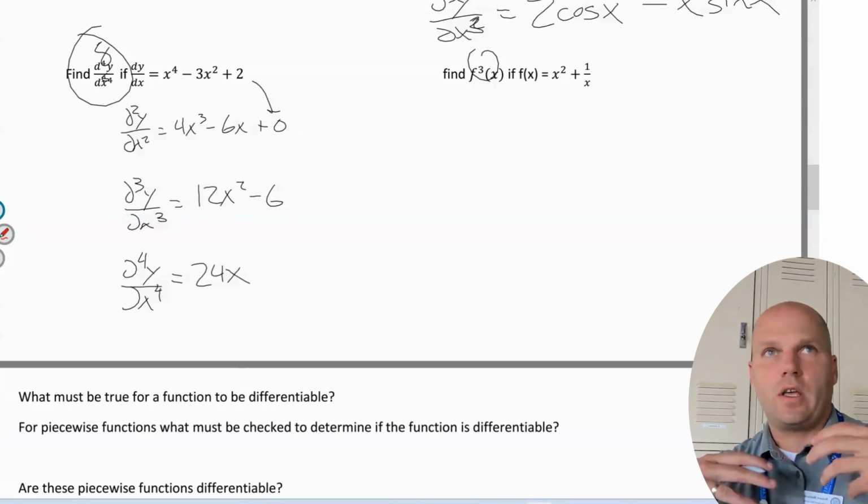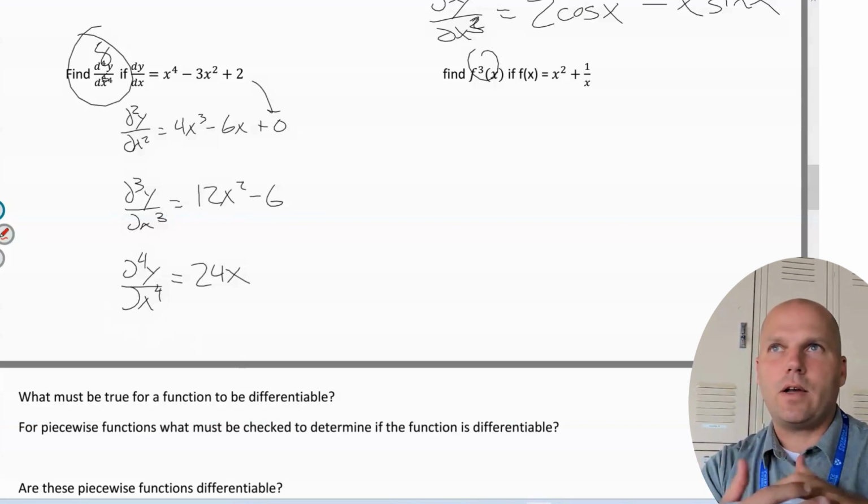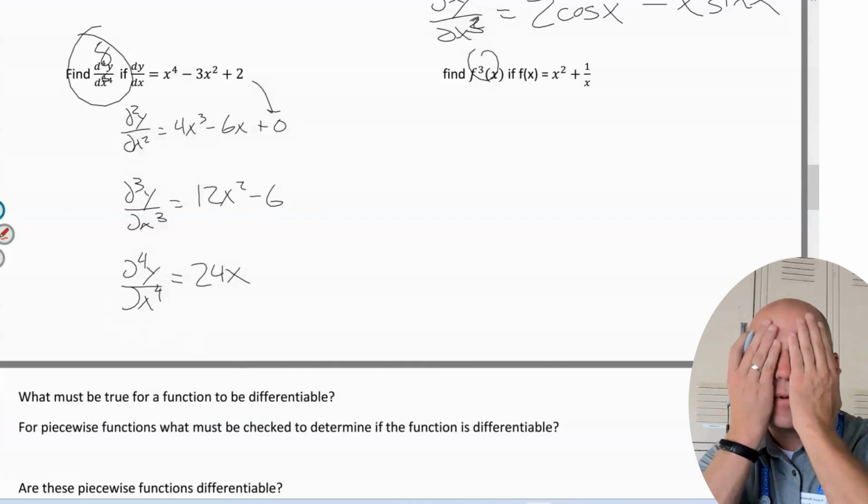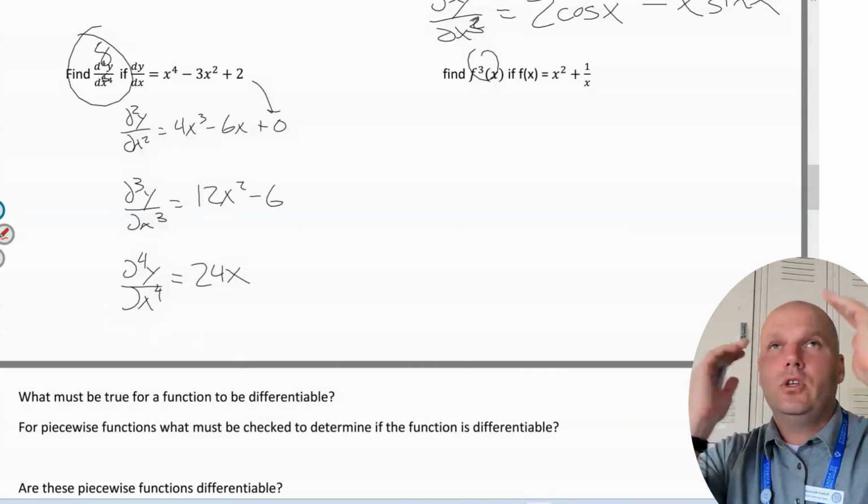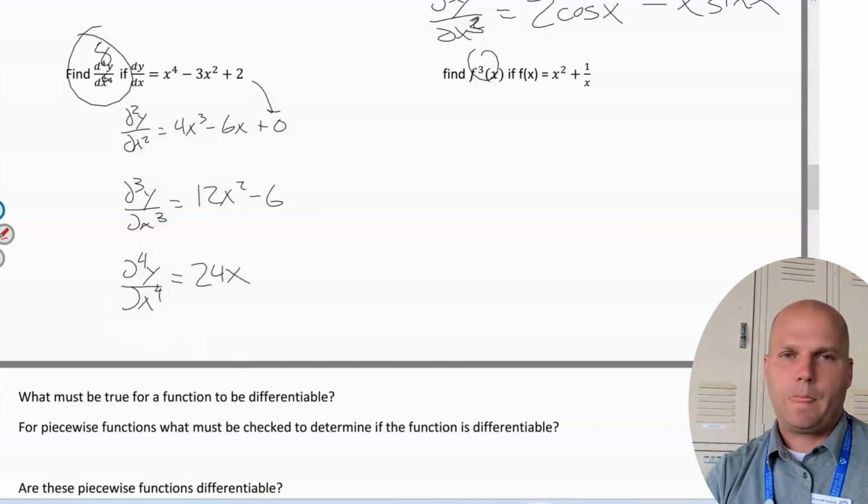If you start with a whole number, an integer, what do they call it? Natural numbers. If you start with a natural number, your derivatives will eventually work down to 0. Won't be the case for any negative exponents or fractional exponents.